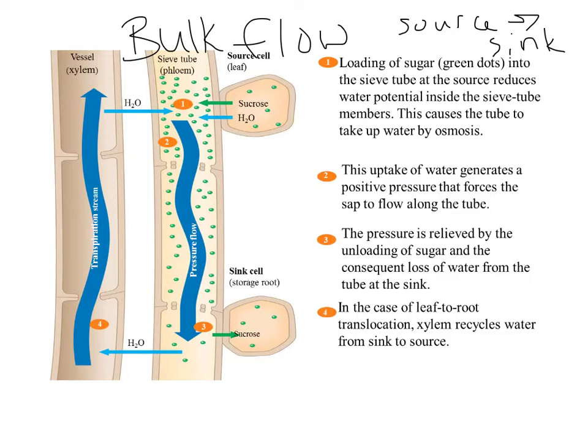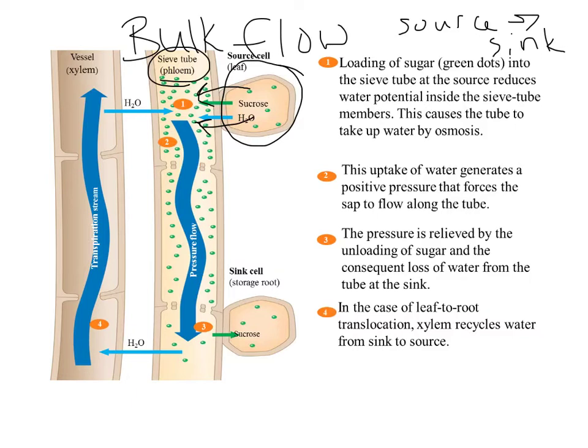And so the first part of this is getting the sugar into the sieve tubes. Okay, so here's my source right here. That's my leaf cell. And so these sugars go into the sieve tubes, which you'll see are part of the phloem. And that's what the phloem is made out of.